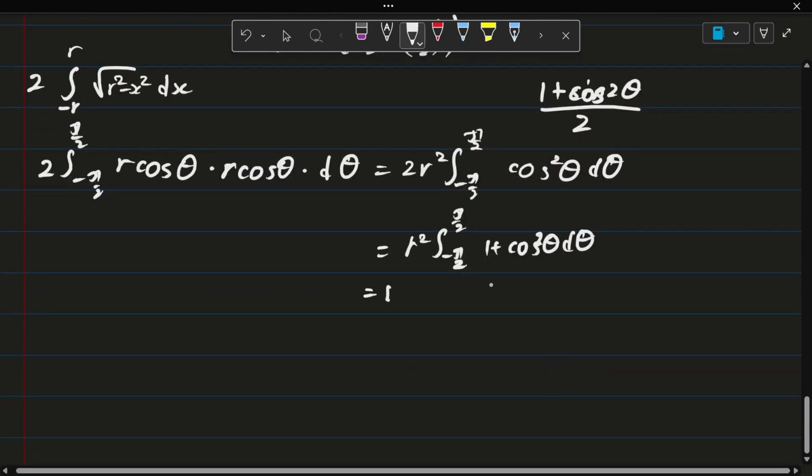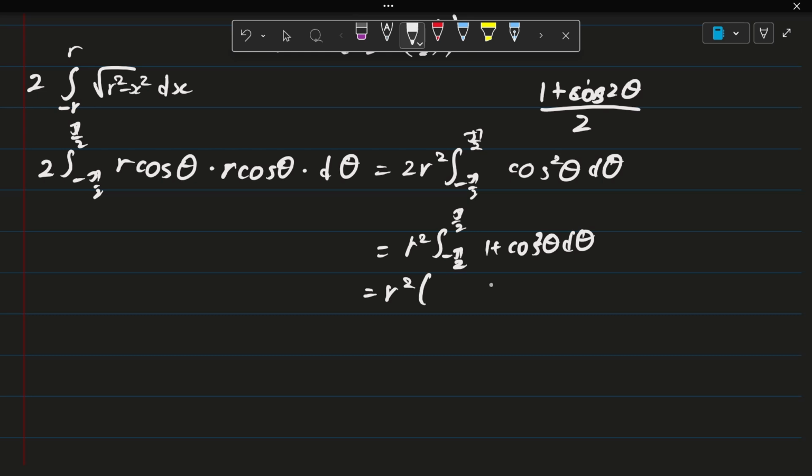And solving the integral, the integral of 1 is theta, which gives pi, so it's pi over 2 minus negative pi over 2. So we'll just separate this into 2. And then the cosine 2 theta integrates to sine 2 theta over 2. You could check this straight away, and it turns out that this value is 0. So what we get here is pi r squared, which is exactly the area of a circle.